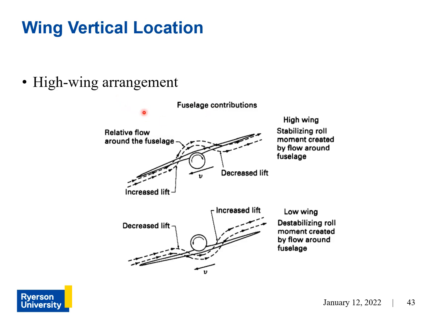Now, another thing you can do as an alternative to a dihedral is to have a high wing arrangement. This has to do with the vertical location of your wing with respect to the fuselage. If you want the same effect as a positive dihedral, you can have your wing above your fuselage, and that will have the same effect, where if the aircraft is disturbed, a stabilizing roll moment will be caused by this arrangement to put it back to level flight.